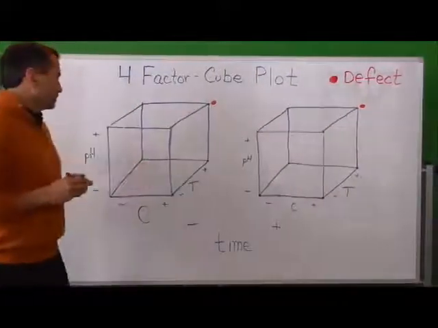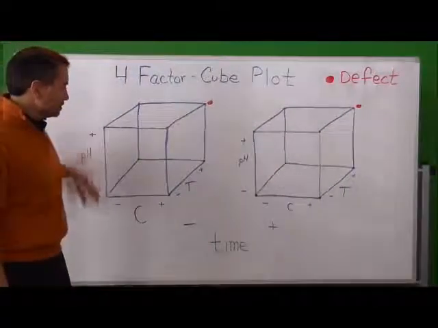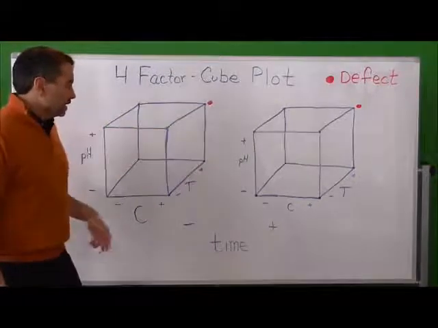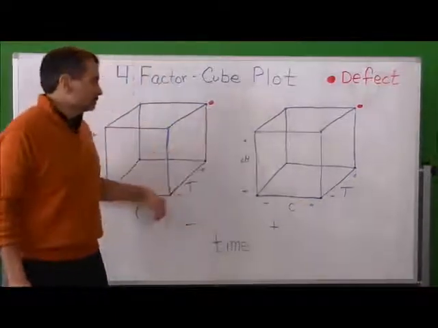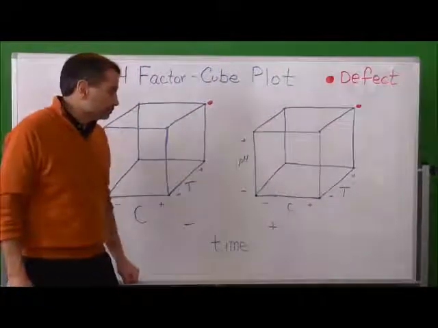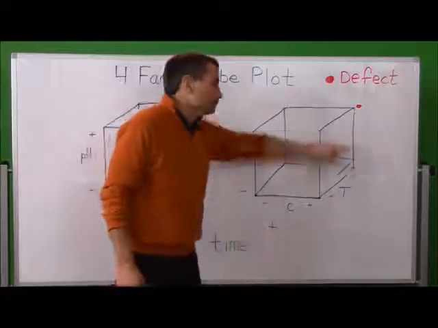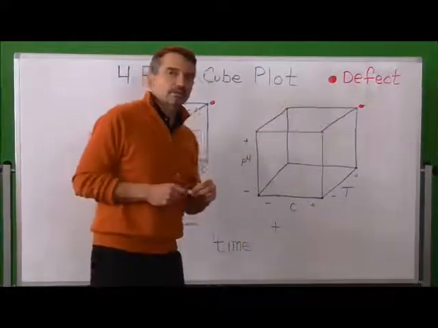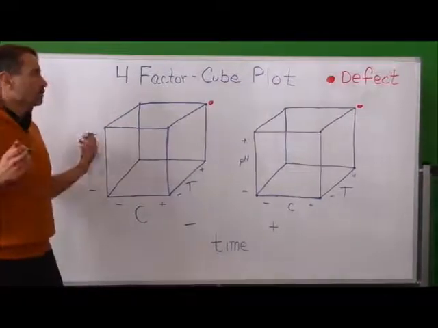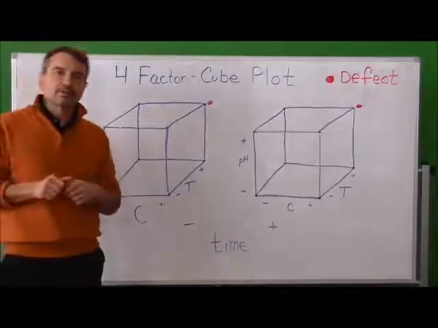You get the defect at a pH positive, a concentration positive, a temperature positive, and a time negative, and the same three combination over on our right-hand cube with the temperature positive in the upper right-hand corner. Classic three-way interaction. It took all three of them together, and that was causing the defect.